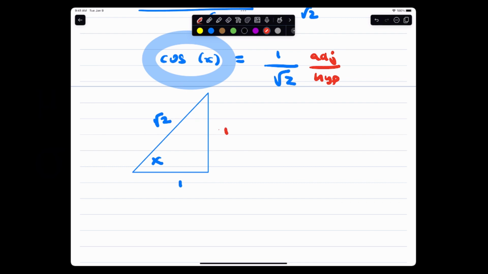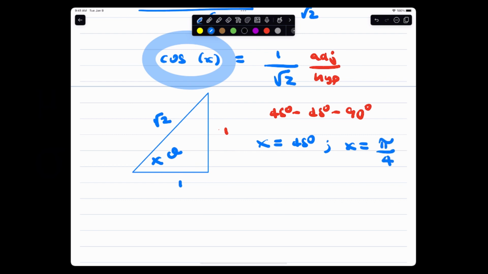Yes, this is the 45, 45, 90 degree triangle. Now that means x has to be what angle? Remember, this is the same as saying theta. 45 degrees. And you say, I know what 45 degrees as a radian measure is, pi over 4. And you're right.